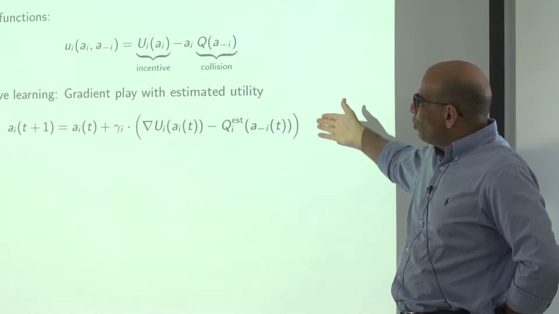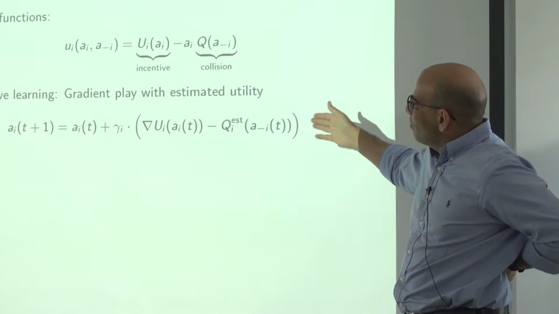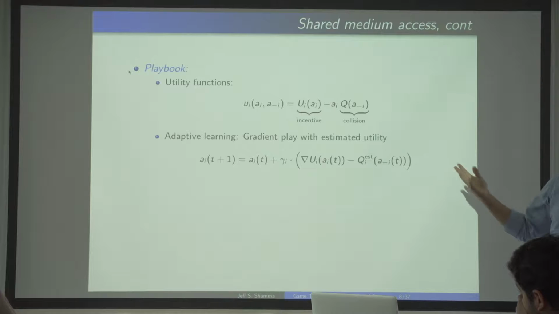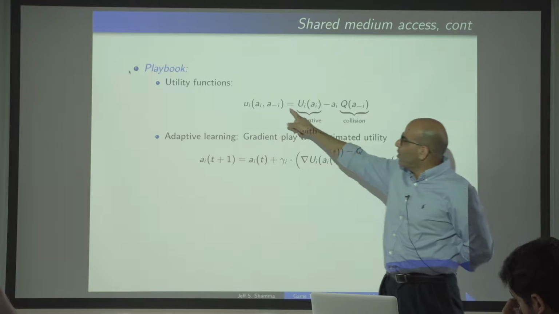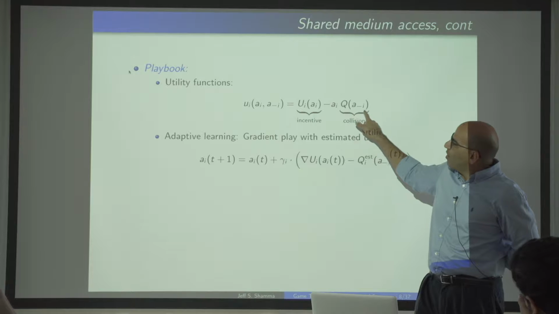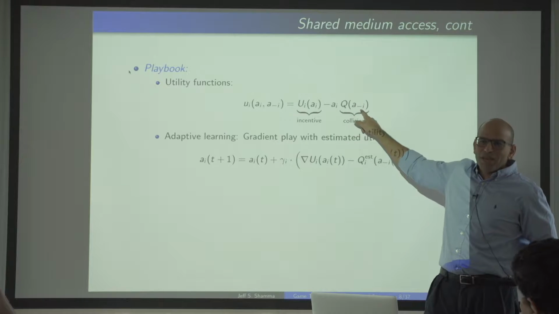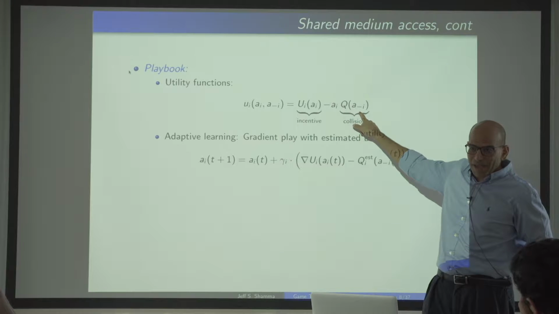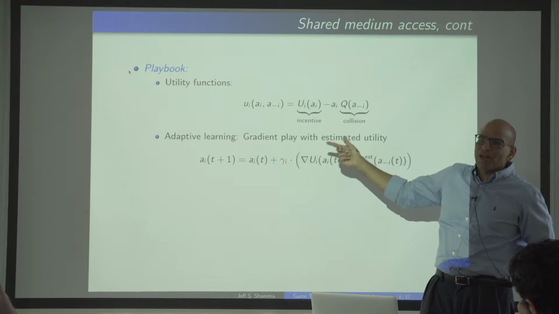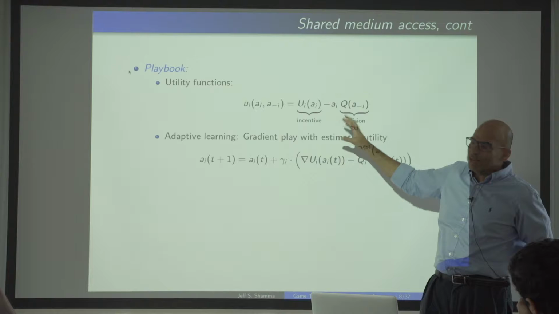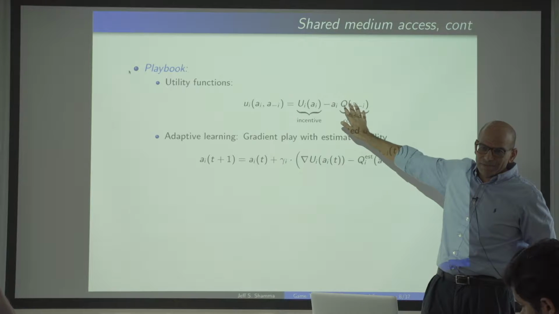Then they use a learning rule that we didn't talk about yesterday. They do what's called gradient play. So you know gradient, the gradient search, right? You just move in the direction of the gradient. They're moving in the direction of the gradient, but remember, a node doesn't control a_{-i}. The node only controls a_i. So it's moving in the direction of a_i, as though a_{-i} is constant.